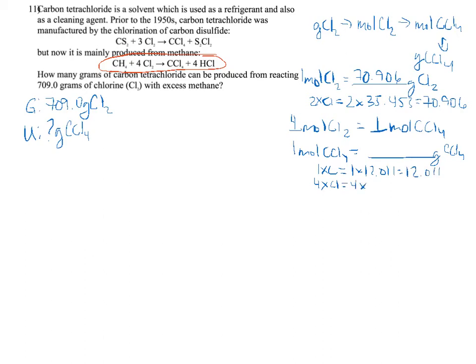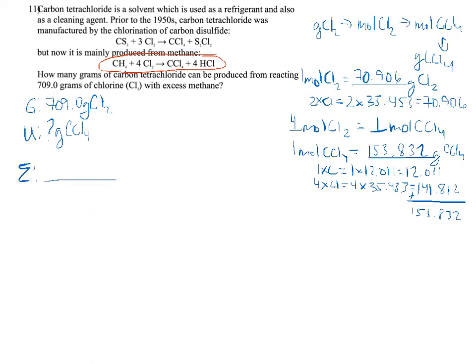And then we have 4 times 35.453, which is 141.812. And then we need to add those things together, and that gives us 153.832. Don't forget to put it up in your blank. 153.832 grams.